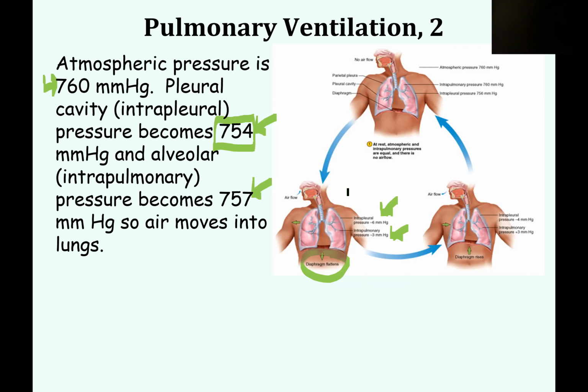So 760 millimeters of mercury is also what we call 1 atmosphere. Okay, inspiration.